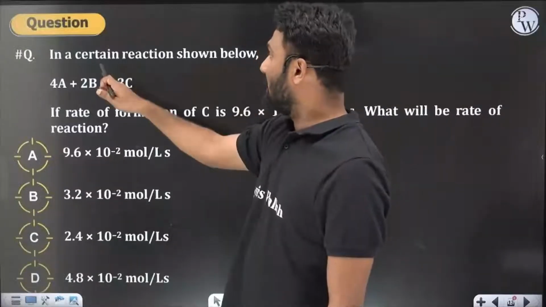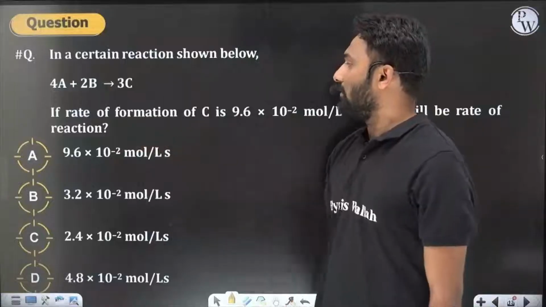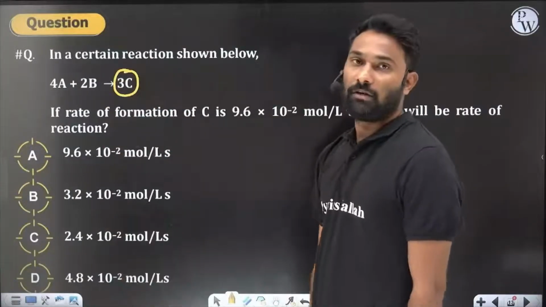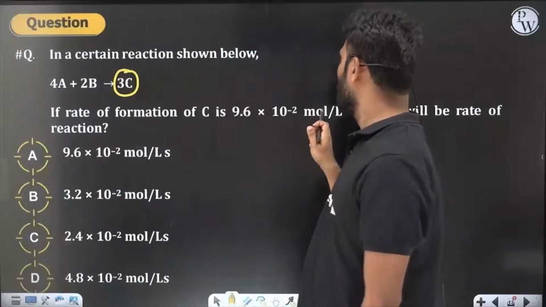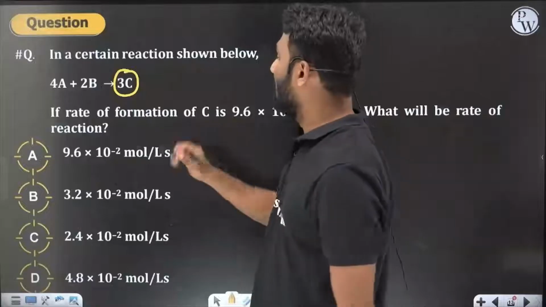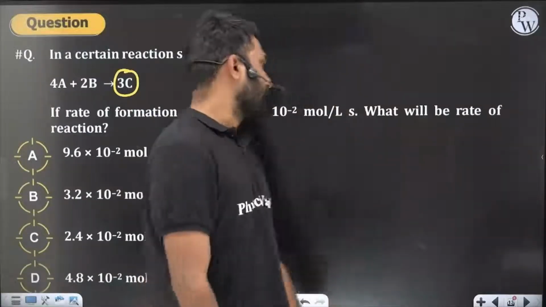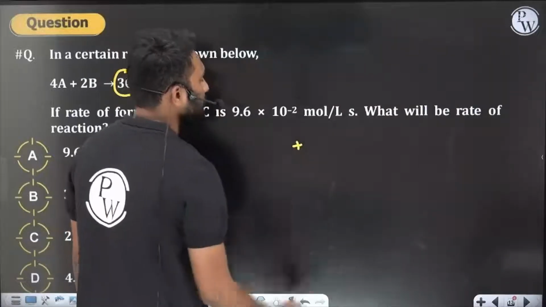Next question. In the certain reaction shown below, the rate of formation of C is 9.6 into 10 to the power minus 2 mole per liter. What will be the rate of reaction? That is what is being asked. Rate of formation, how can we write? Plus.